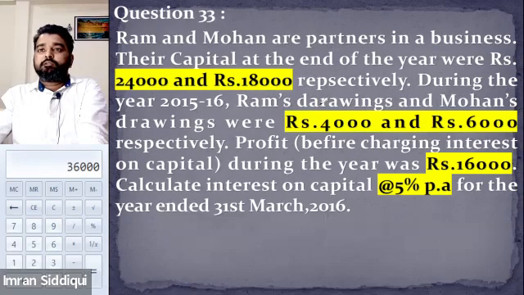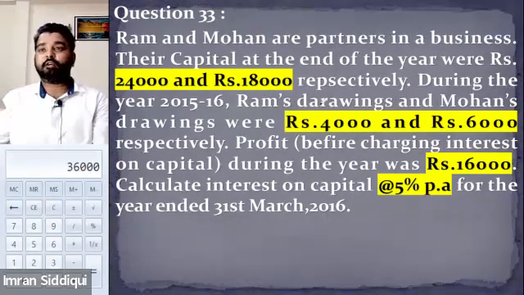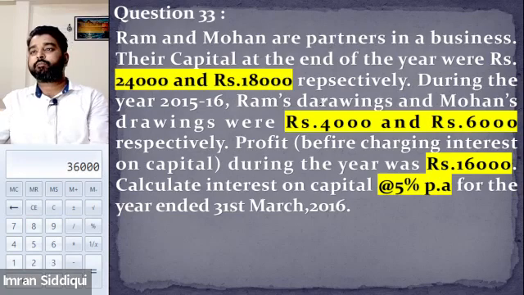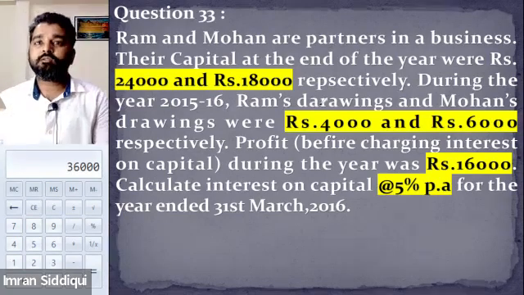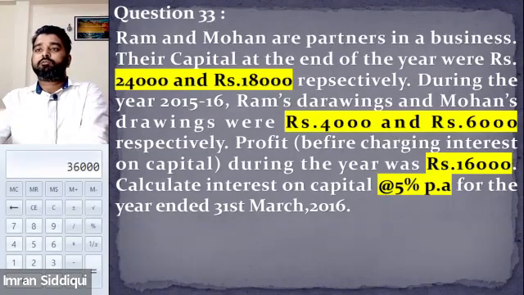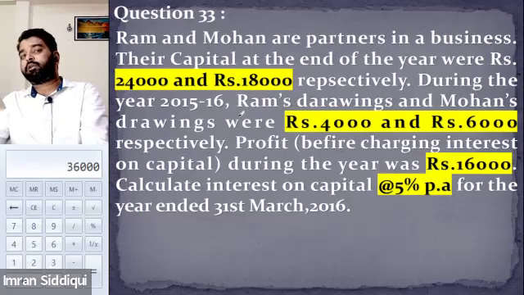Their capital at the end of the year is 24,000 and 18,000. So their closing capital balances are given. During the year 2015-16, Ram's drawing and Mohan's drawing were 4,000 and 6,000 respectively.